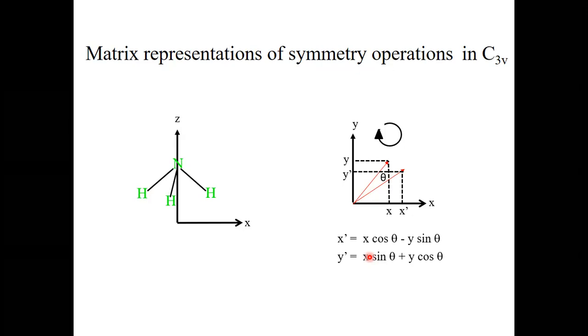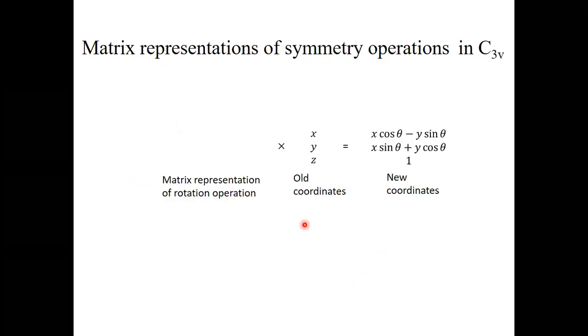What would be the matrix representation of that symmetry operation? Well, the matrix representation of that rotation operation would need to have the property that when multiplied with the matrix of the old coordinates gives the new coordinates, the matrix of the new coordinates.